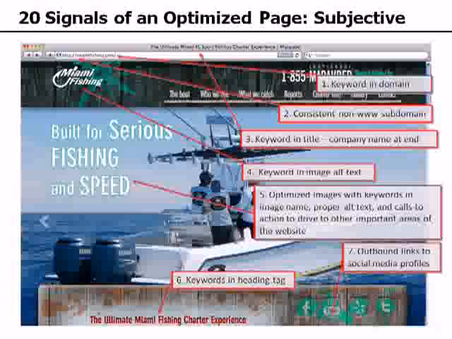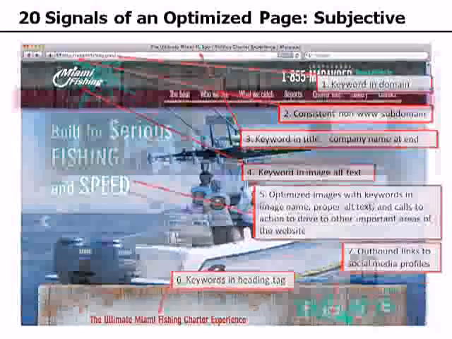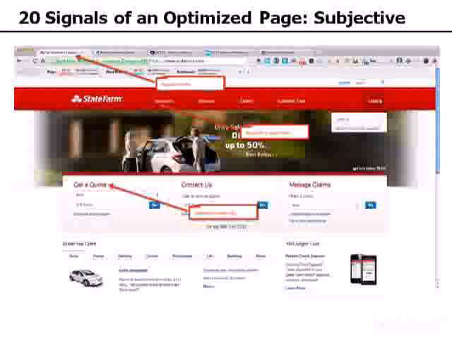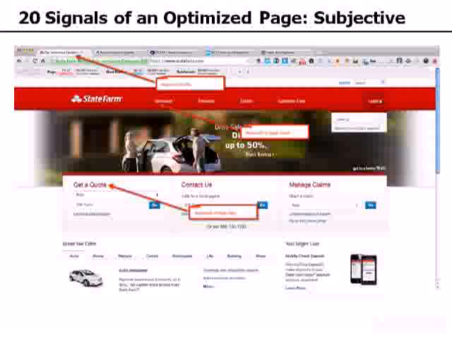So we could look at all these different areas, but it's going to be subjective to say there's keyword image alt text use that's optimized, that the images are optimized, etc. This is somewhat subjective. To say that State Farm's design is done well and is optimized and is conversion friendly is somewhat subjective unless we're actually using quantitative tools to prove those theories.